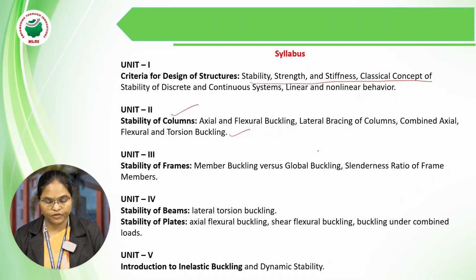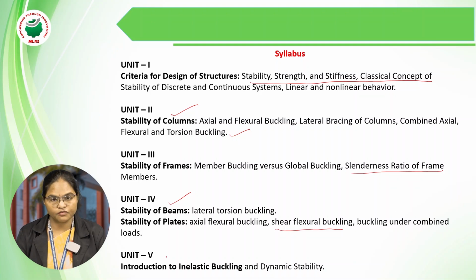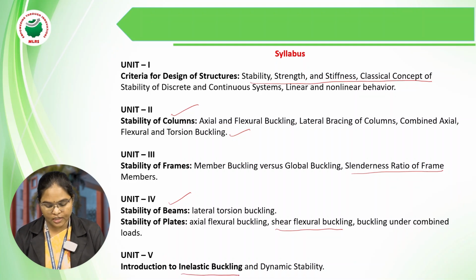Unit 3, stability of frames, member buckling versus global buckling, slenderness ratio of frame members. And Unit 4, stability of beams, lateral torsional buckling, stability of plates, axial flexural buckling, shear flexural buckling, buckling under combined loads. And from Unit 5, introduction to inelastic buckling and dynamic stability.